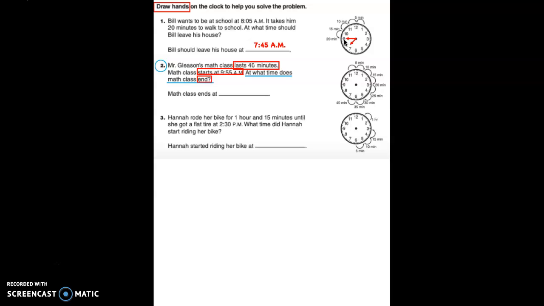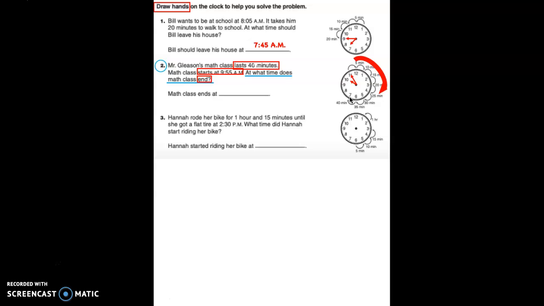So, on my clock, I'm going to begin at 9:55 a.m. So, I'm almost at 10 o'clock, 9:55. And since it lasts or takes 40 minutes or is 40 minutes long, I know I'm going to count clockwise. So, I'm going to count 40 minutes. So, 5, 10, 15, 20, 25, 30, 35, 40.